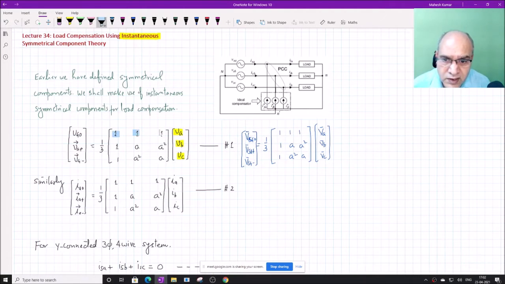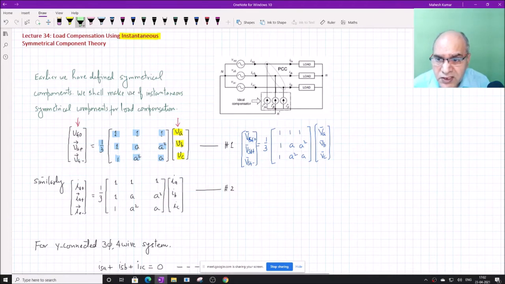This is 1 1 1, 1 a square a, 1 a a square, and the 1 by 3 factor here. And this side also we have instantaneous symmetrical components, because these voltages are instantaneous. This is an interesting concept which has been applied for load compensation.